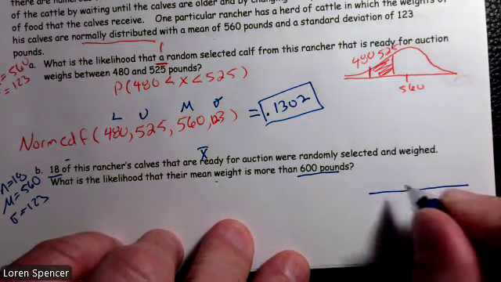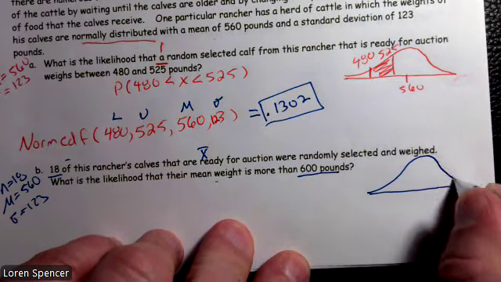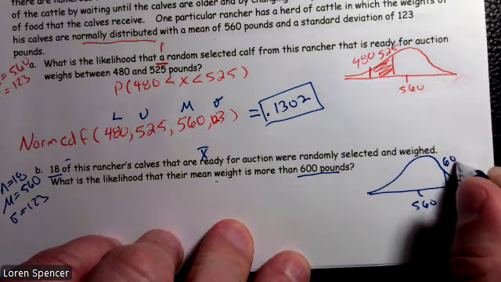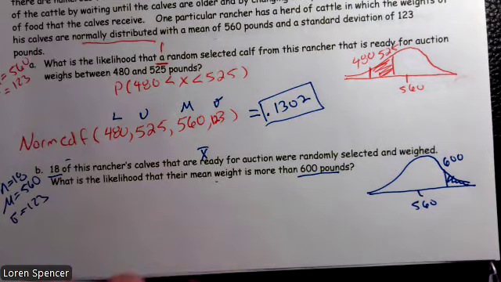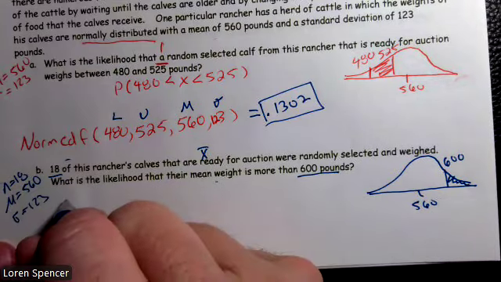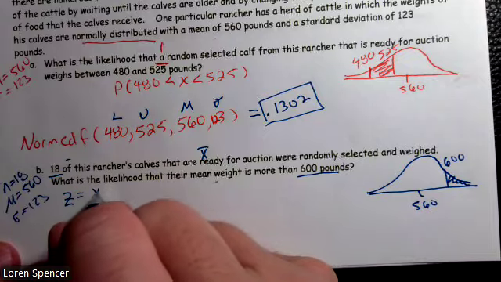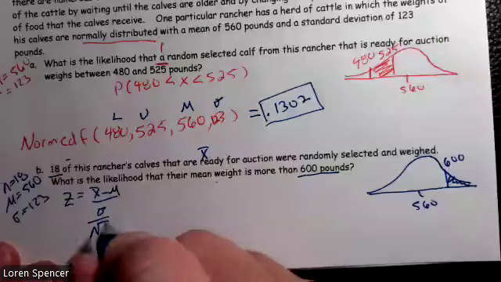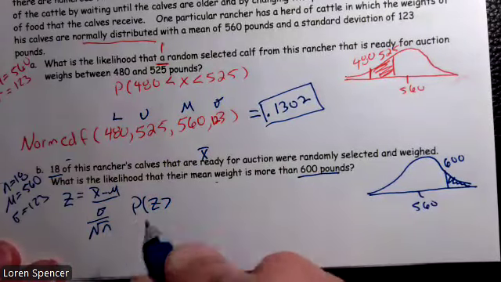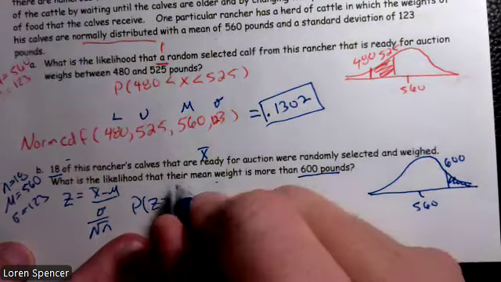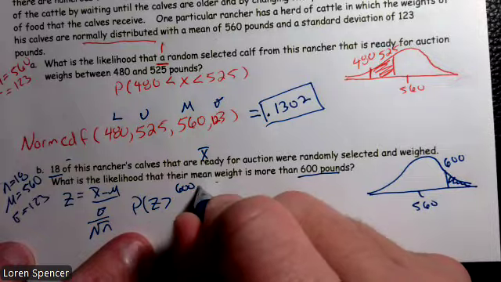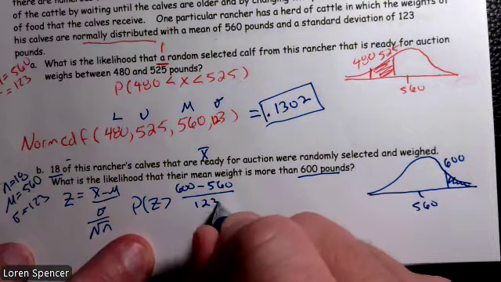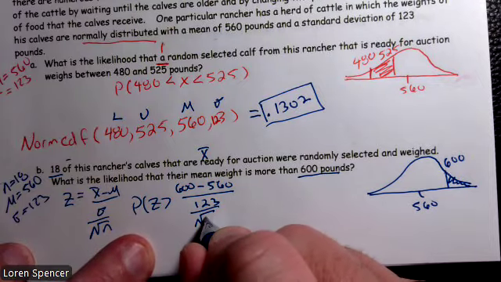So if I'm drawing my picture, we're centered at 560, and we want to know the likelihood that we are at 600 or more. So z equals x bar minus mu, divided by the standard deviation over the square root of n. Probability that z is greater than 600 minus 560 over 123 over the square root of 18.